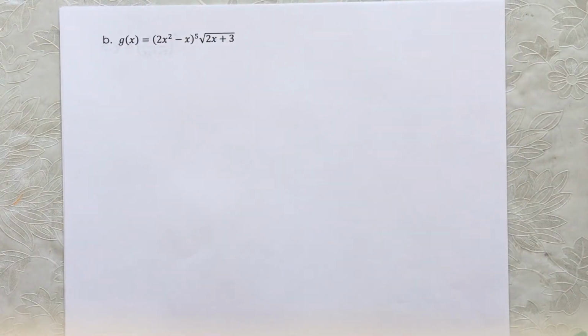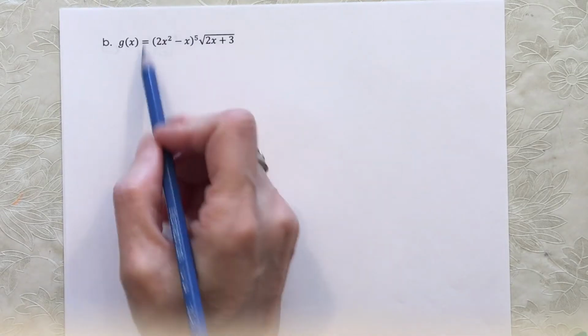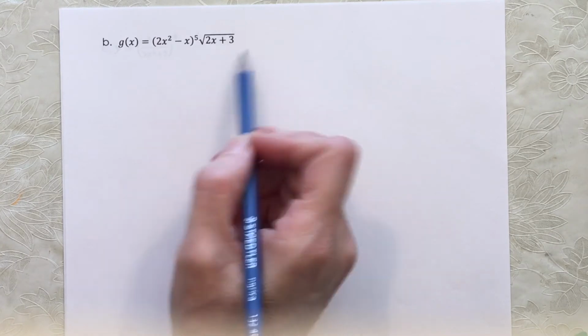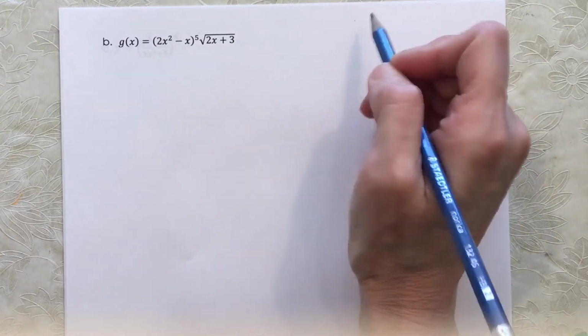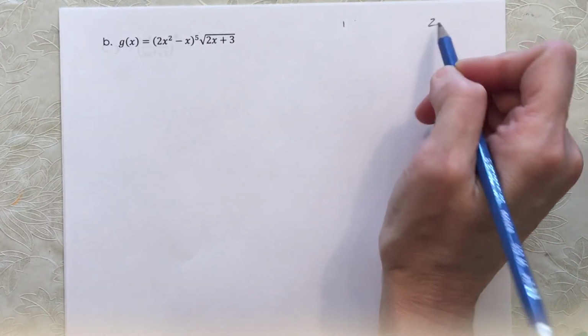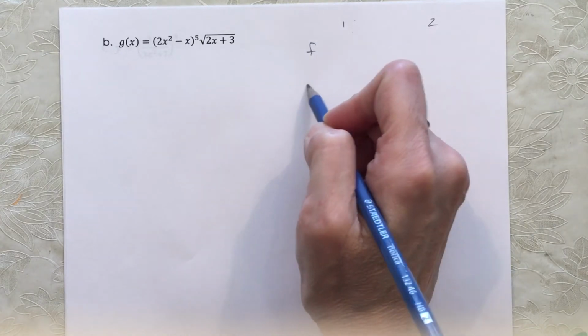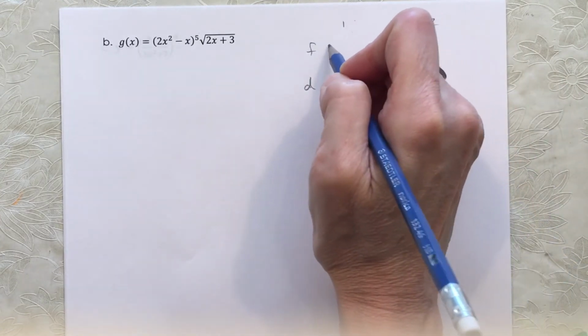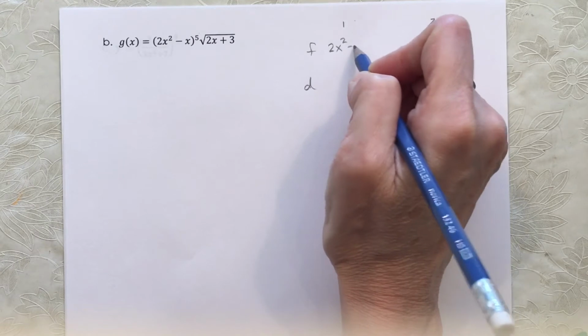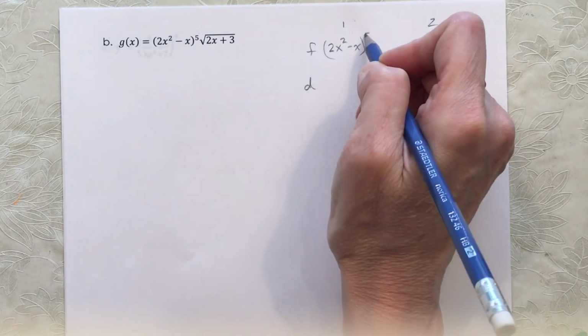Okay, the second one, so we're still doing simplified factored form. This one is a product rule. We have a function of x times another function of x. So again, we're going to do our chart here. So our first function is (2x squared minus x) all to the 5th.